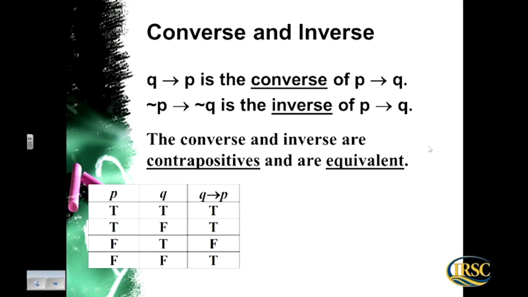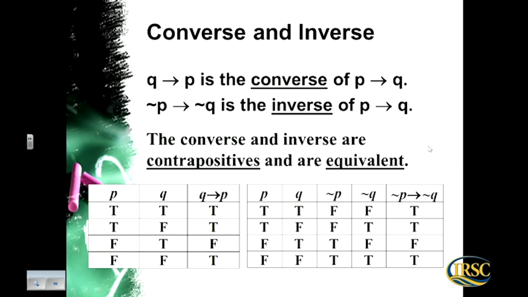And then if I do a truth table for the if not P then not Q, I need my columns for not P and not Q. And so if not P then not Q, that's the only one that is false, so you get true, true, false, true. So notice that the final columns are the same.